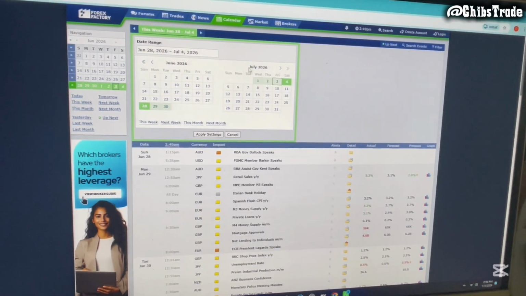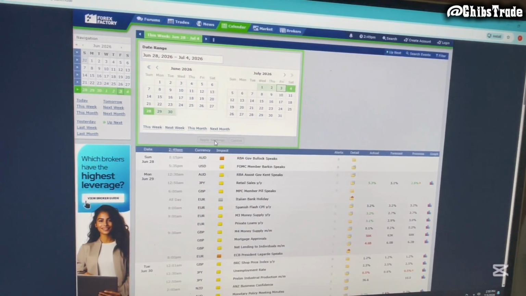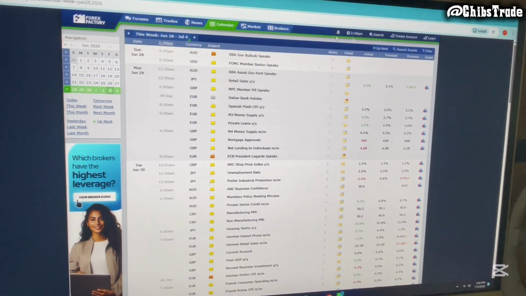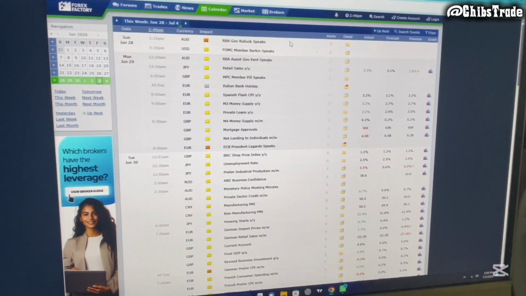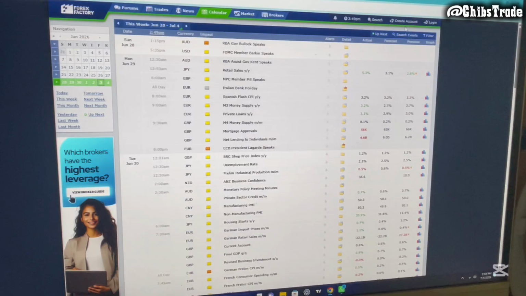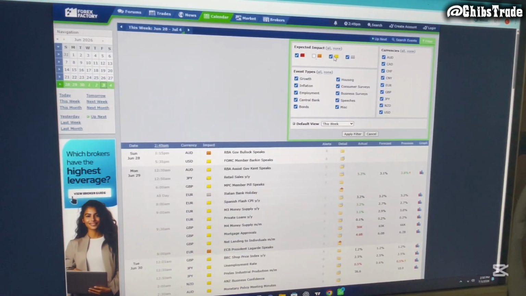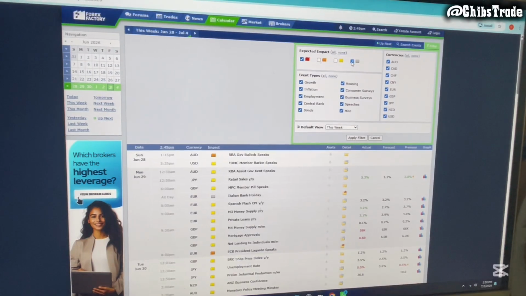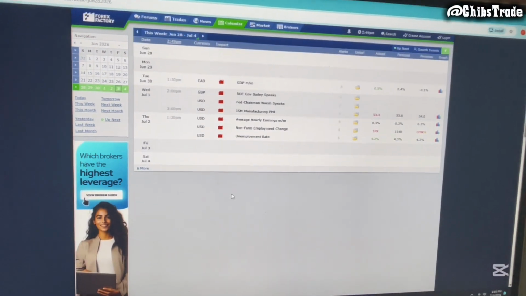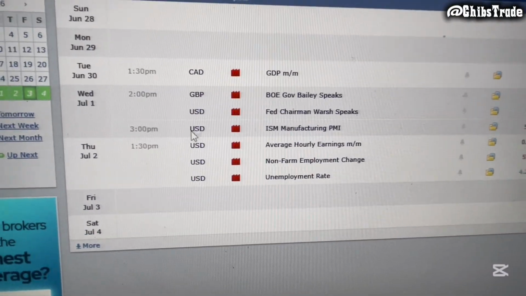Let me edit this week, from here to here, apply setting. We have to filter it, remove this, apply. So let it apply. This is it here, as you can see.